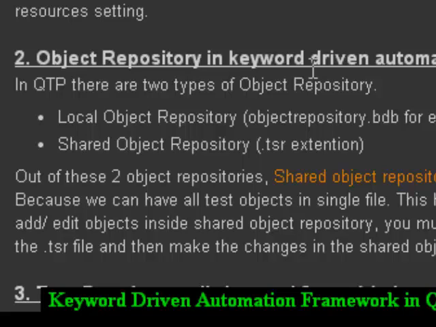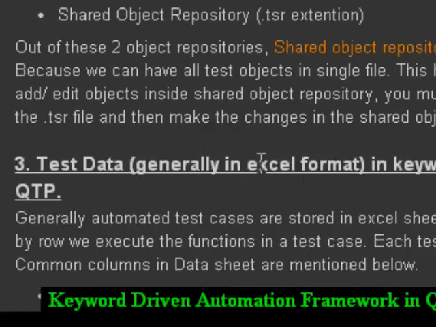The advantage of a shared repository is that it can be used by multiple tests, and multiple people can work on the project. So in most of the projects where the project is very big, we can use the shared object repository. The repository stores the test objects, and that is the advantage of the object repository.